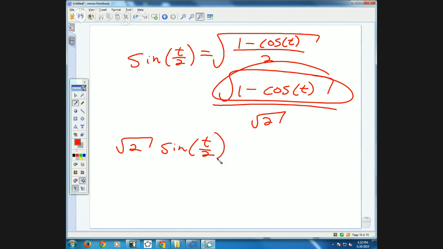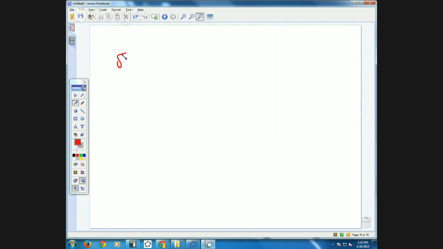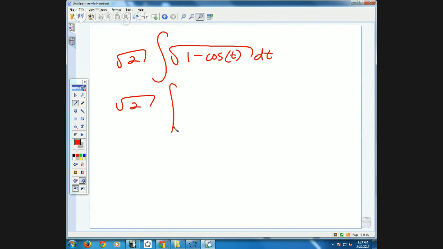Okay, so my new integral: I had the square root of 2 times the integral of the square root of 1 minus the cosine of t dt. Based on my substitution, the inside of the integral is now the square root of 2 times the sine of t over 2.